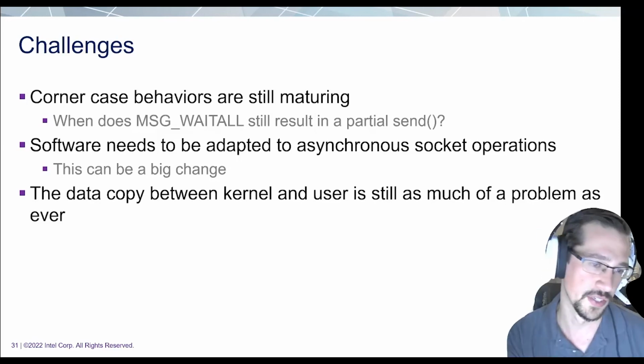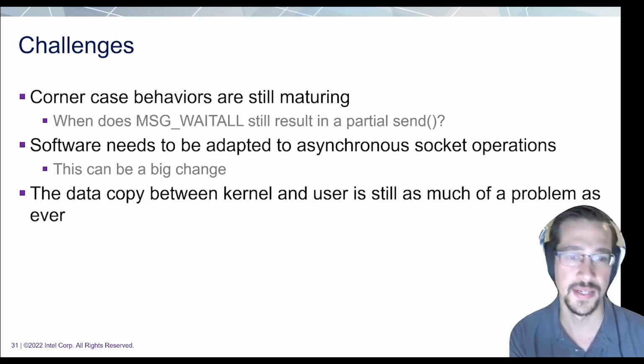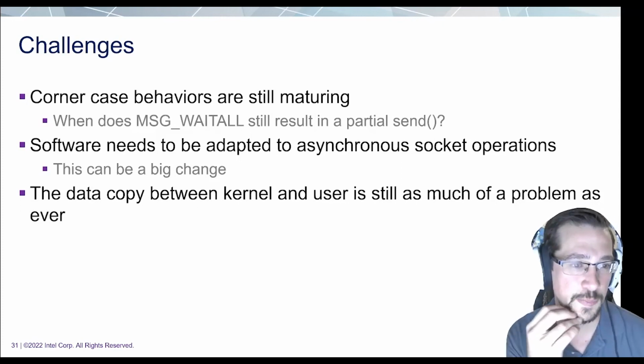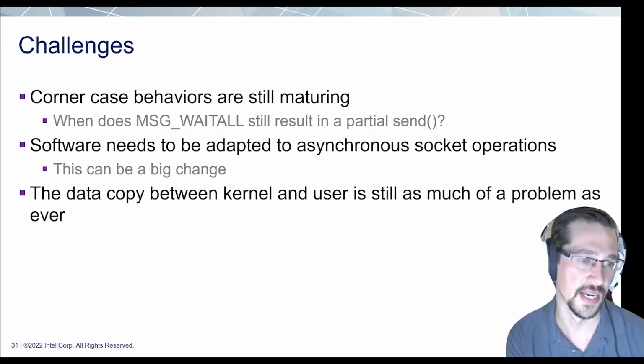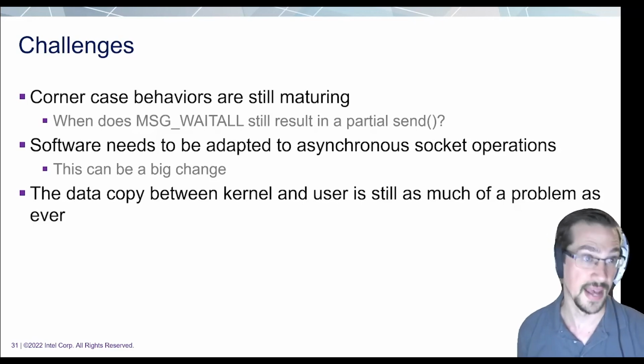This has been there since the beginning of time. It's still there with io_uring, and it is probably the top performance challenge in all of TCP, especially for storage where we're moving lots of data. So there's no line of sight currently on fixing that.